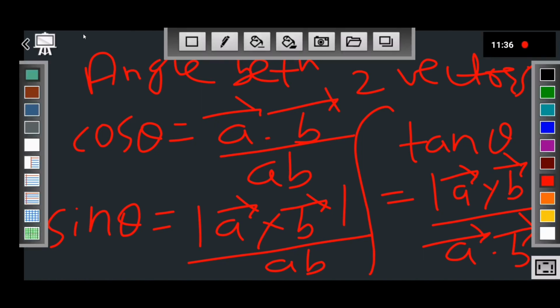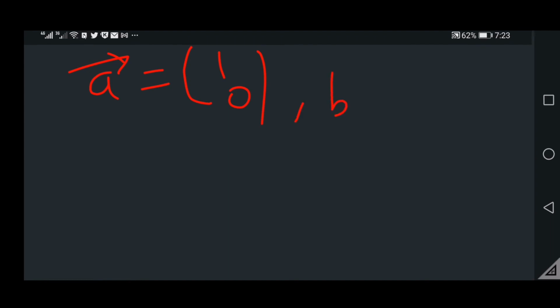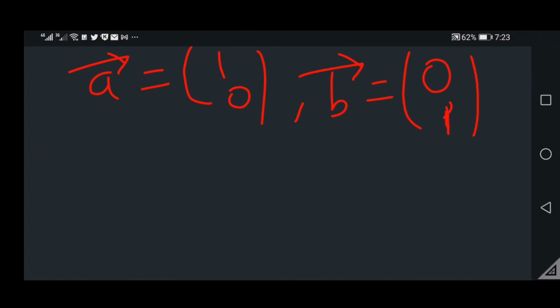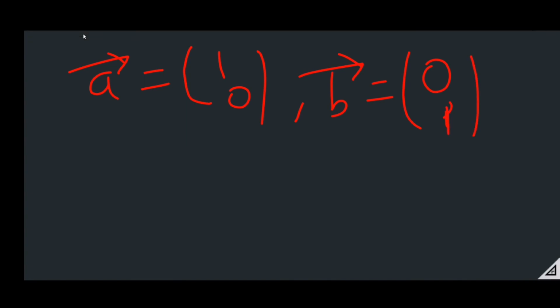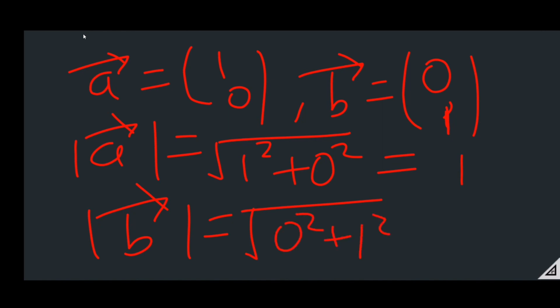For example, if a vector is given as (1, 0) and b vector is given as (0, 1), then we can find the angle between these two vectors by any one of those three formulas. First of all, the modulus of a vector is root under x square plus y square, that is root of 1 square plus 0 square, which equals 1. Then modulus of b vector equals root of 0 square plus 1 square, which is 1.